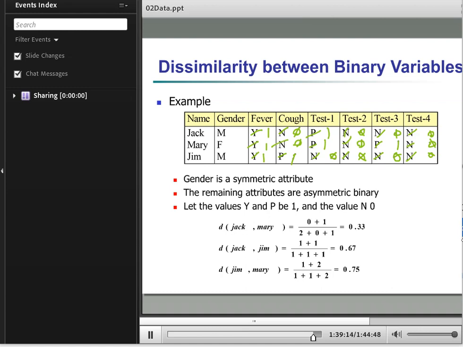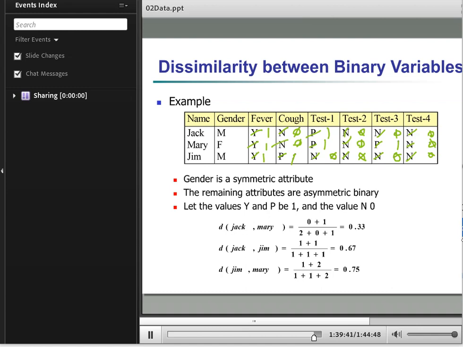For example, if you look at society, you can see that most of the people around you have not COVID-19. 99% of people have not COVID-19.